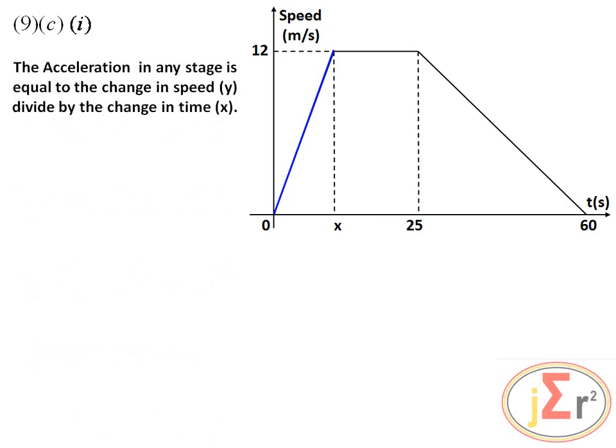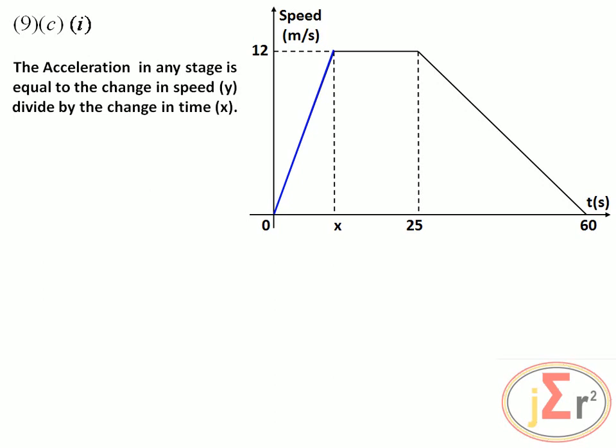The acceleration in any stage is equal to the change in speed, which is on the y-axis, divided by the change in time, which is on the x-axis. And we are drawing analogy between the speed and the time axes and also the x and y axes that we are accustomed to.